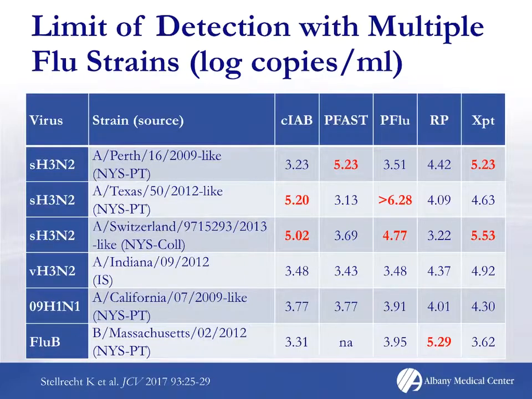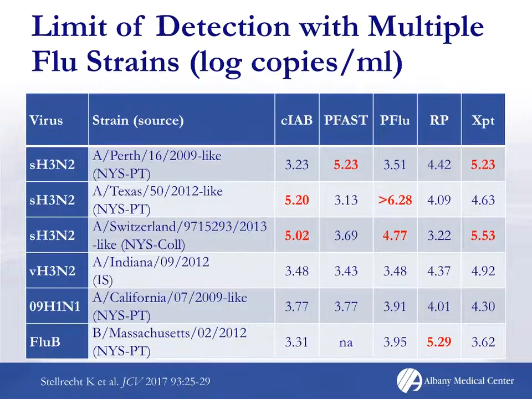Then there's the Swiss strain. This wasn't from the New York State Proficiency panel, but rather Jen LaPlante from the New York State Department of Health provided me with this isolate, because this was the type of virus that was supposed to be the emerging virus causing the vaccine failure.